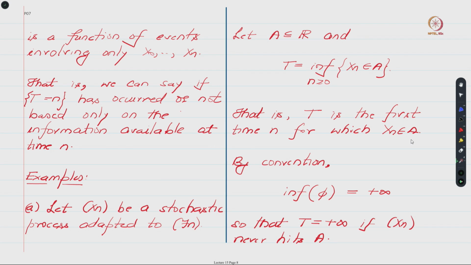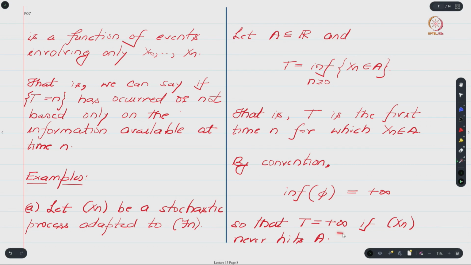Now it is possible that along a sample path X_n never takes a value that belongs to A. In that case this set will be empty, and in that scenario we will use the convention that the inf of an empty set is plus infinity, so on that sample point T equals plus infinity.